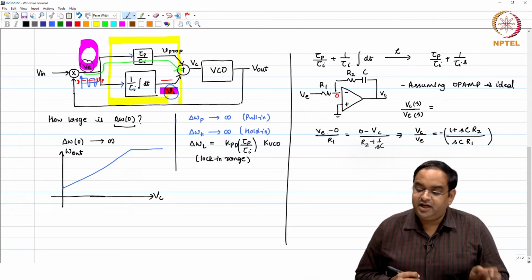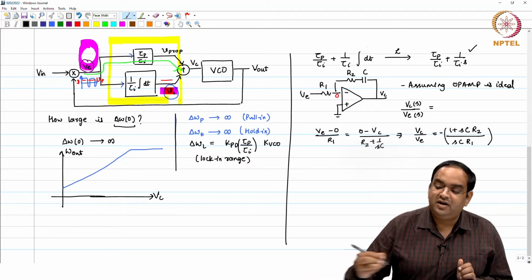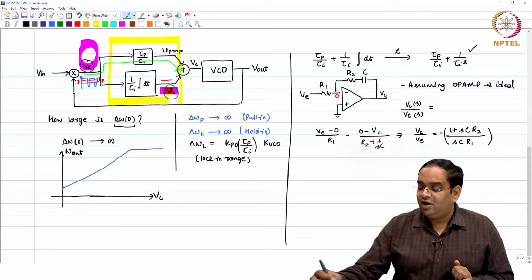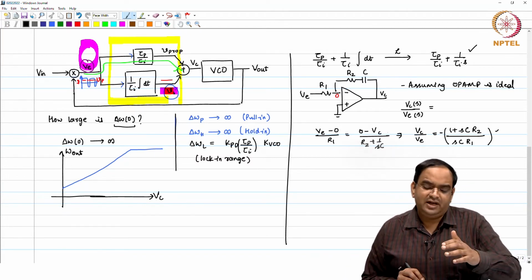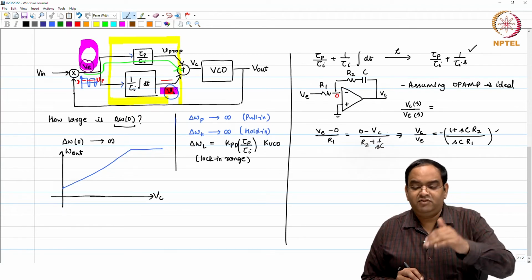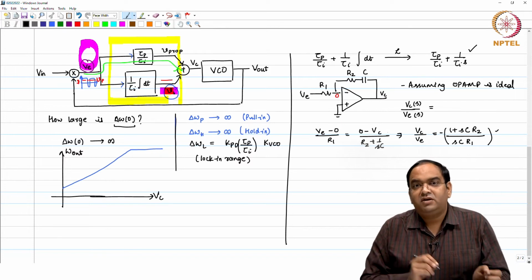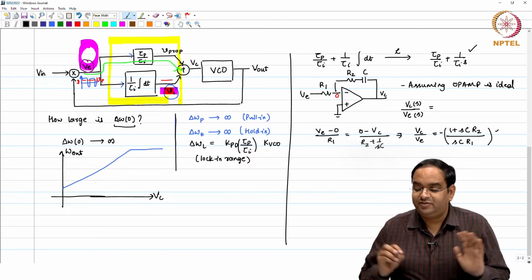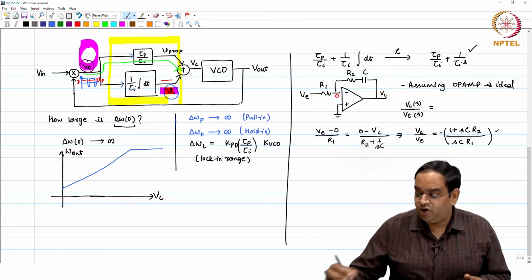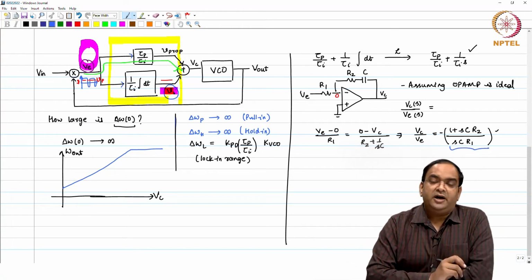Well, now you can say previously this loop filter did not have any negative sign, now I have a negative sign. If you have a negative sign, do not worry about it. The way you are going to connect to the VCO in that particular path, you can adjust this negative sign. So, what is important right now is only this part.